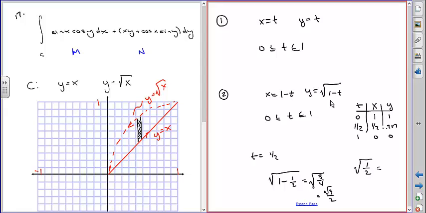Can you write it down? If x is 1 minus t, then y is just the square root of that. So I guess it's got to be right. So you think that's right? Yeah. Okay.